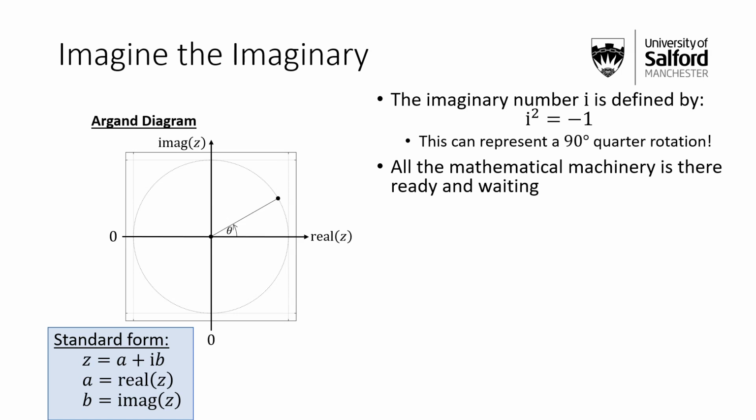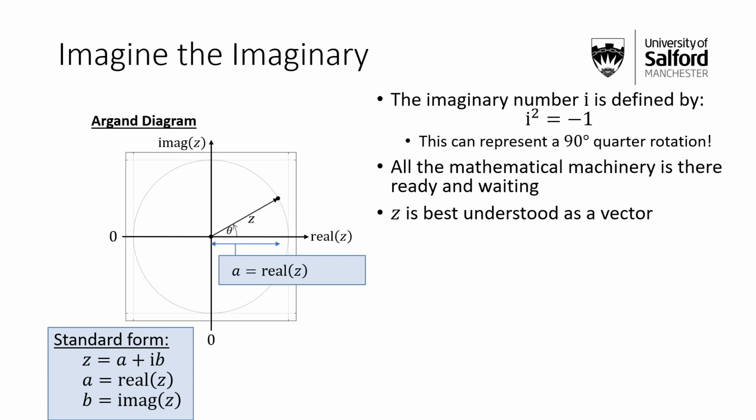But actually, it's best understood as a vector pointing out from the origin, taking you to there. So it's a coordinate, but it's also a vector from the origin. Its length projected down to the horizontal axis is a, the real part of z, and the vertical part is b, the imaginary part of z.